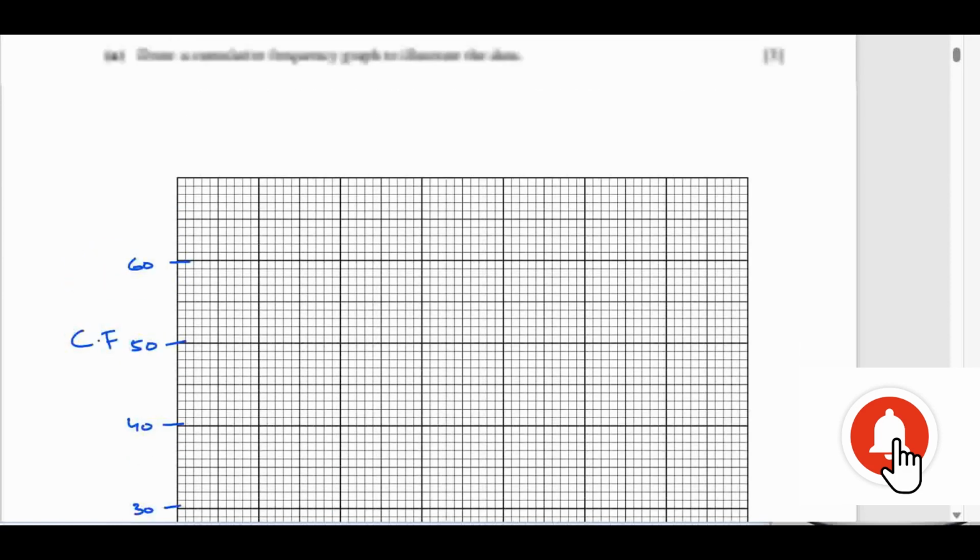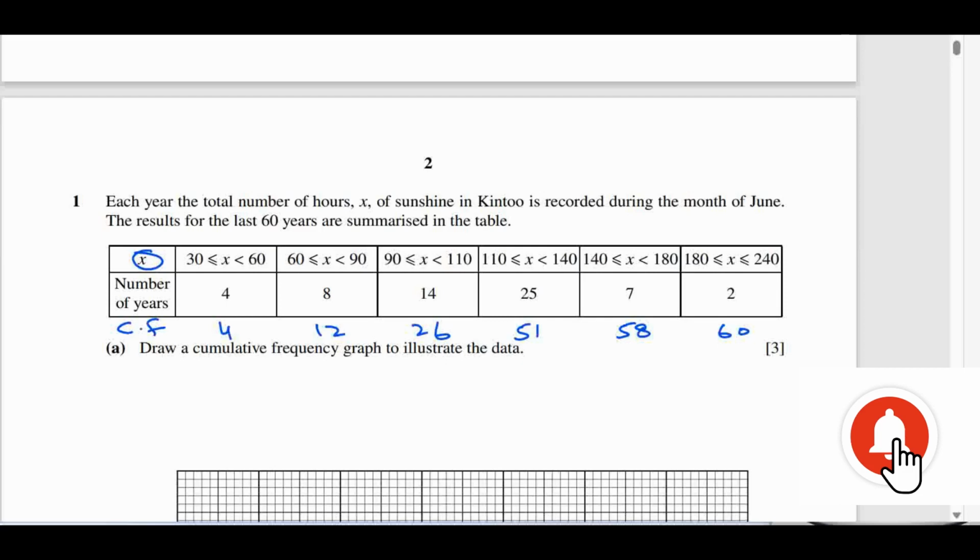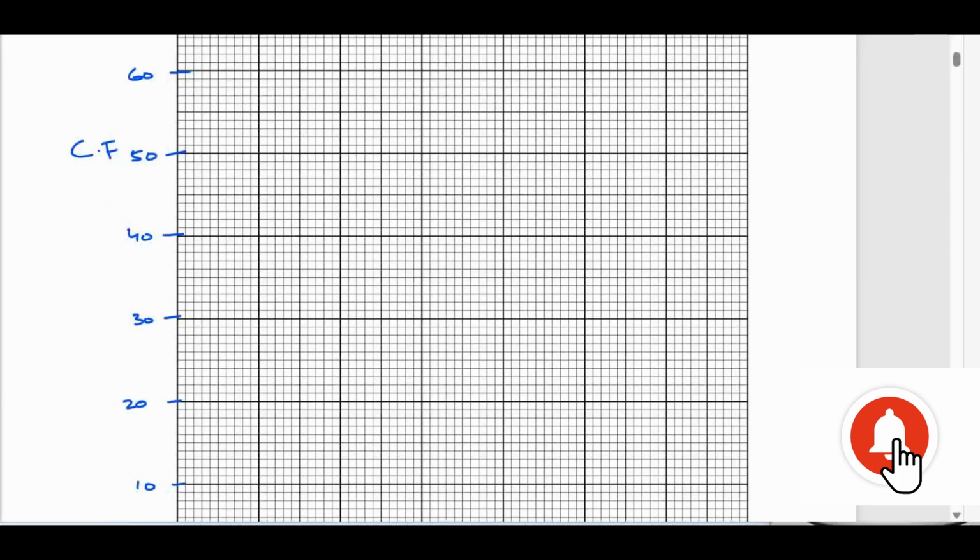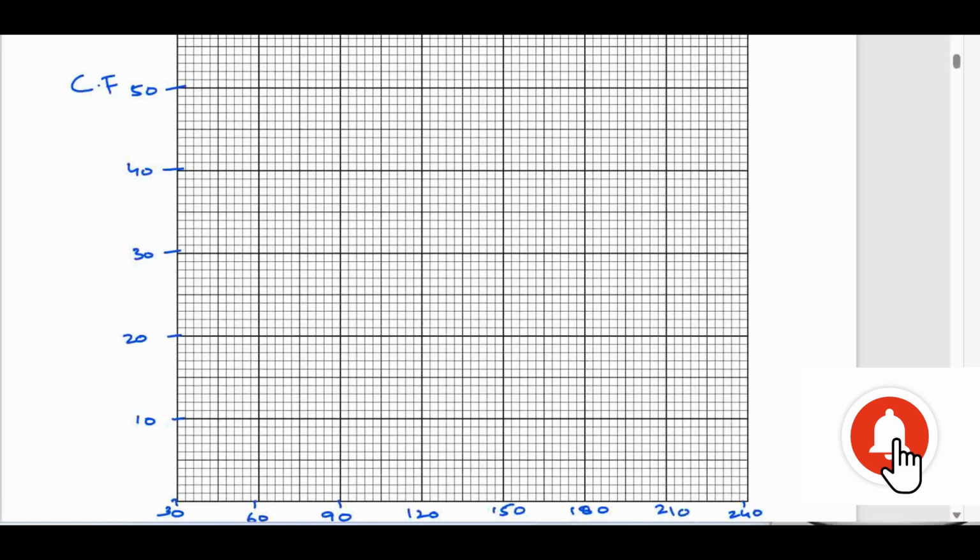Now for cumulative frequency, what we have to do is that at 60 the cumulative frequency is 4, at 90 the cumulative frequency is 12. So at 60 the cumulative frequency is 4, which means that 1, 2, 3, this point should be 4. At 90 the cumulative frequency is 12, which means this is 10 and this will be 12.